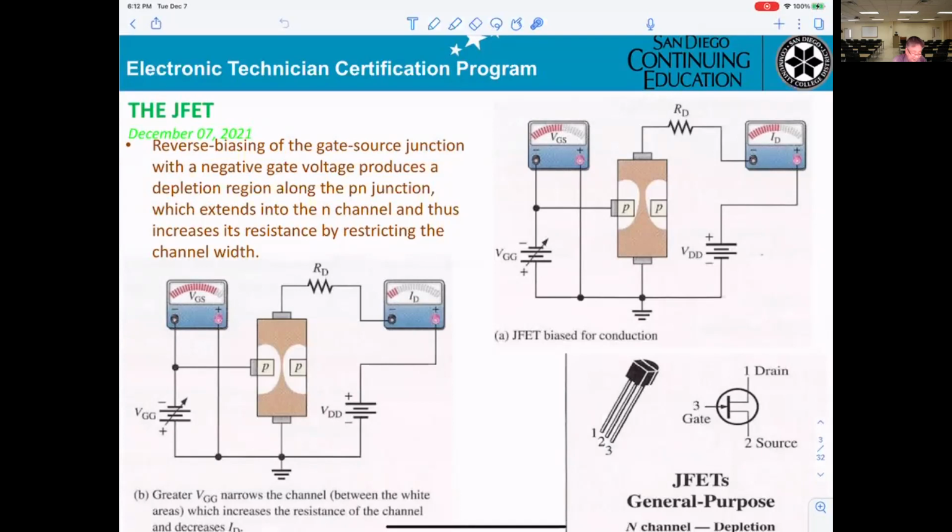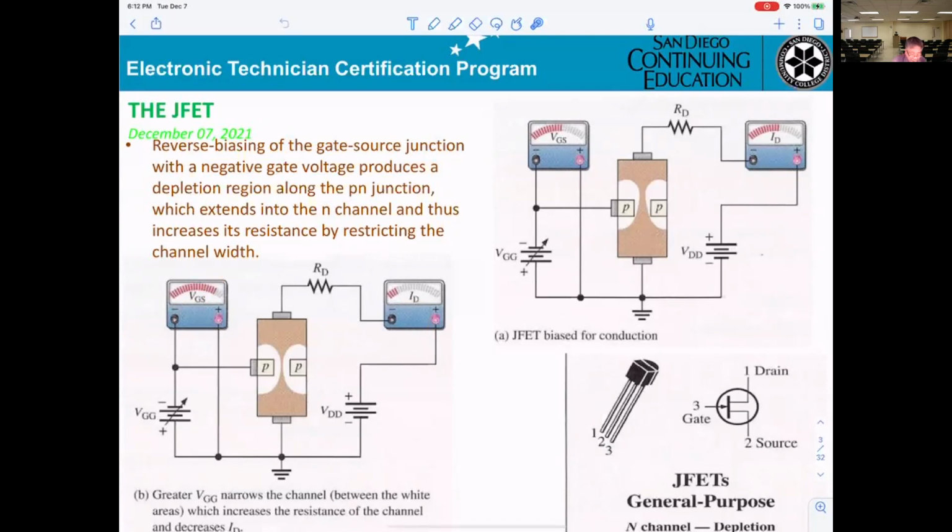See what happened in this circuit. They're telling you this is a negative voltage, more negative voltage.